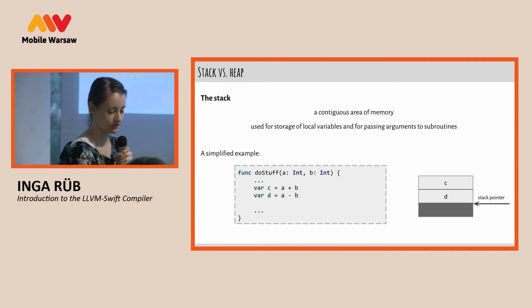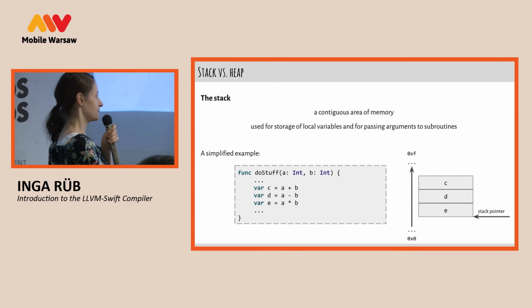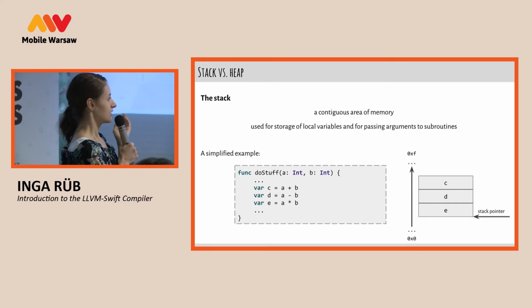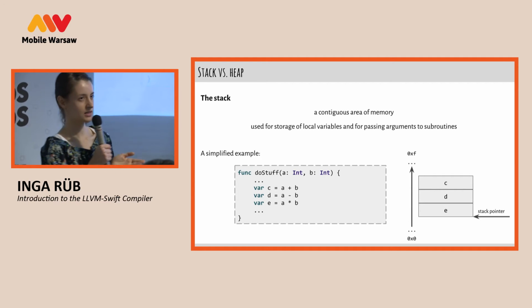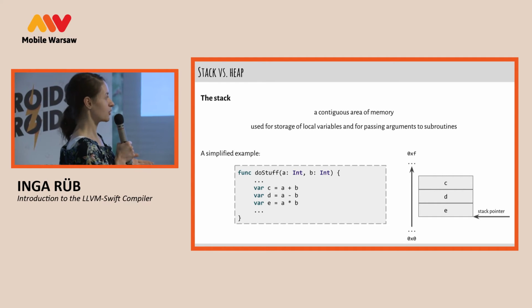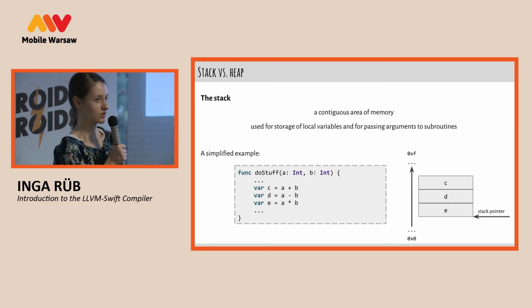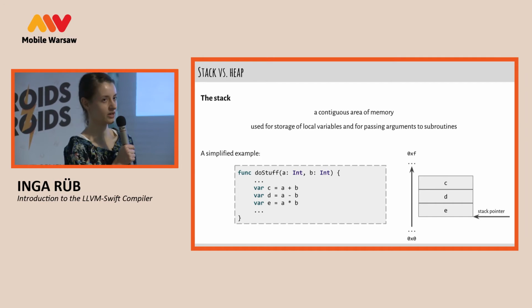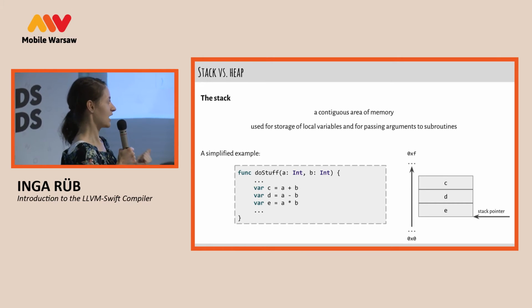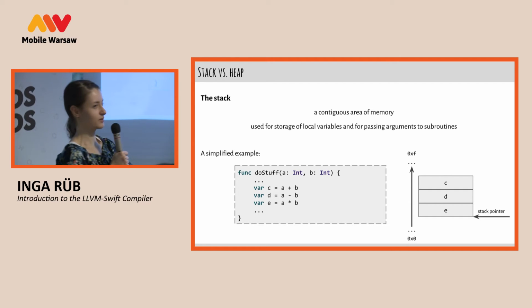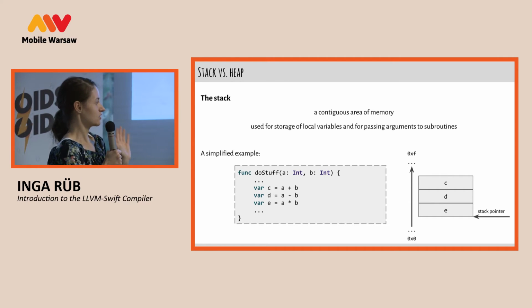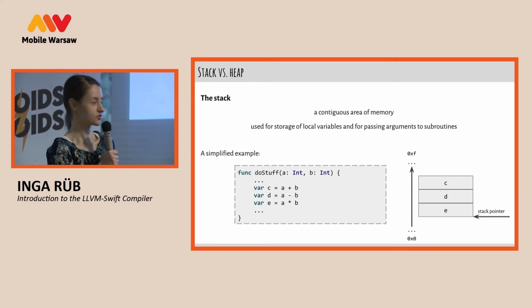Again, we allocate memory on the stack, and variable e. As you can see, allocating memory on the stack consists simply in decrementing the stack pointer. The stack pointer points to the address which is available memory right now. If we want to allocate memory, we simply change the address that the stack pointer points to.